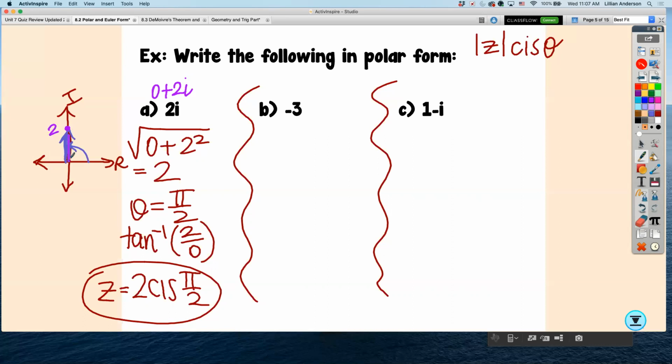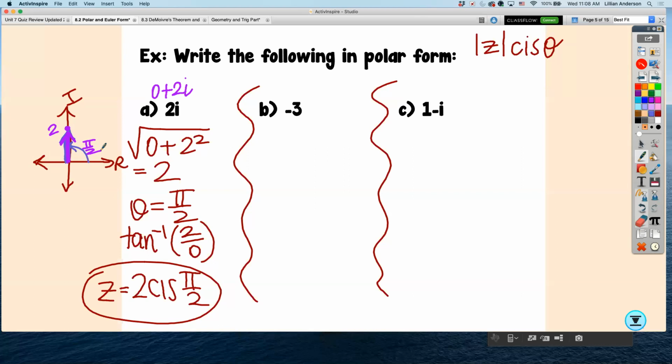And so this would be how this complex number would be drawn, like so. The reason why this angle is pi over 2 is because we still start from the positive x-axis heading counterclockwise, and it creates that angle of pi over 2.